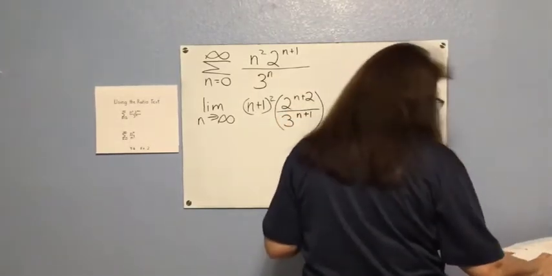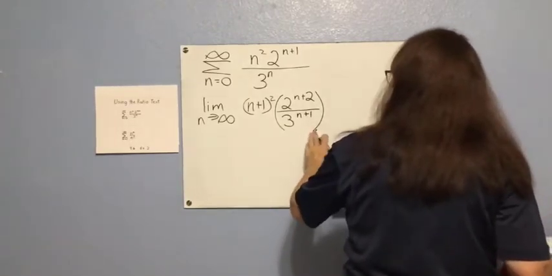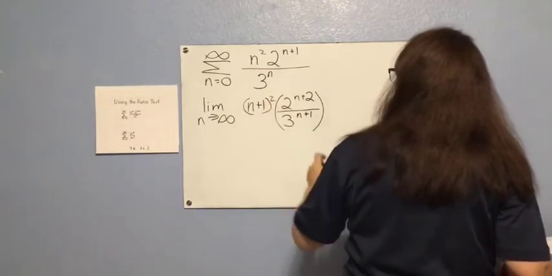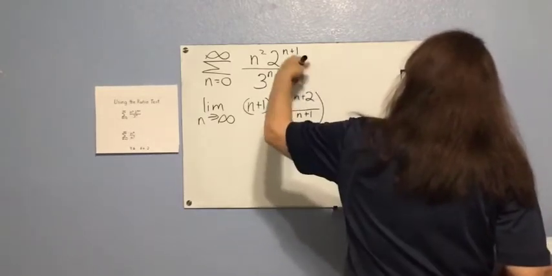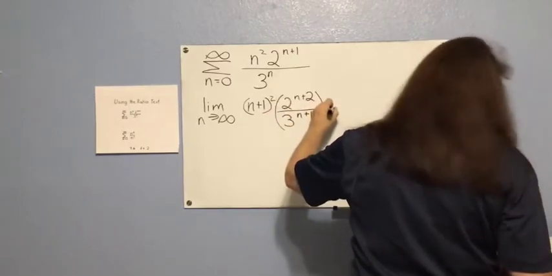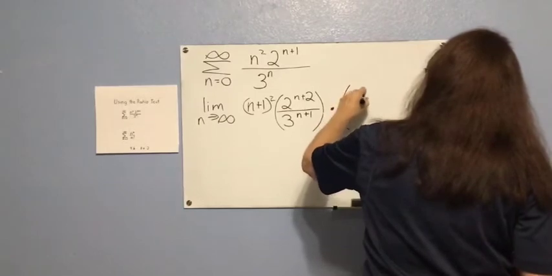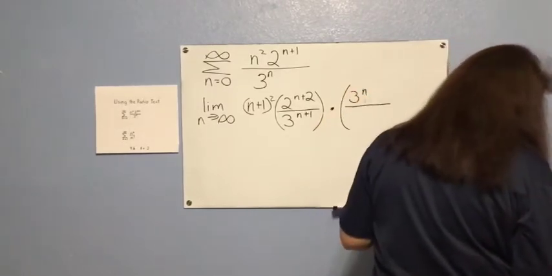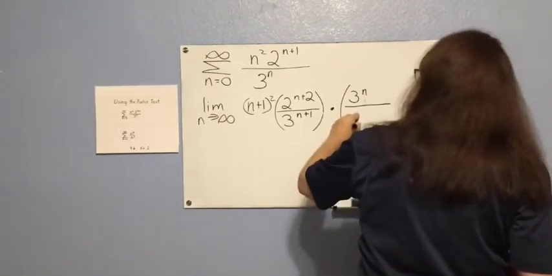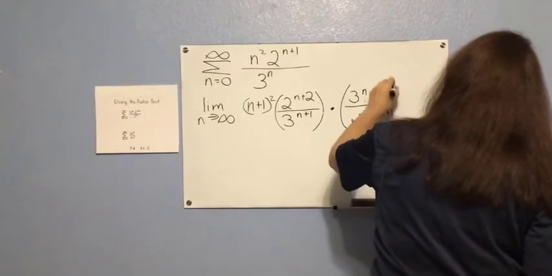And then we need to divide that by the same thing with n. But instead of dividing, I'm going to flip this over and multiply, which gives me 3 to the n over n squared times 2 to the n plus 1.